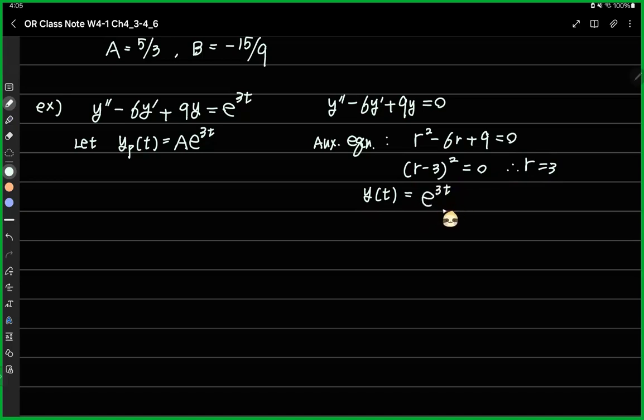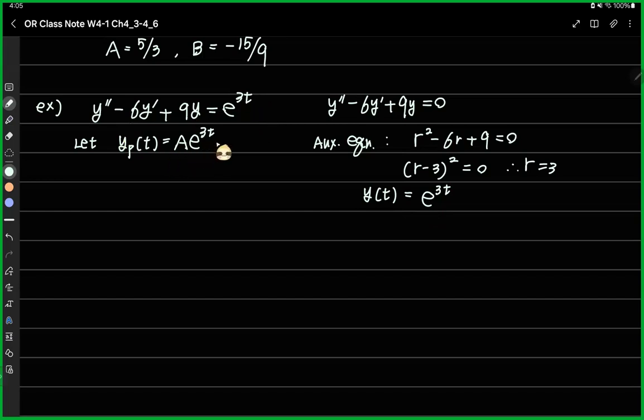So this is exactly the same as the external force, and a times e to the 3t is a scalar multiple of that solution. It means that when you substitute it into the differential equation, we should get 0 for any choice of a.